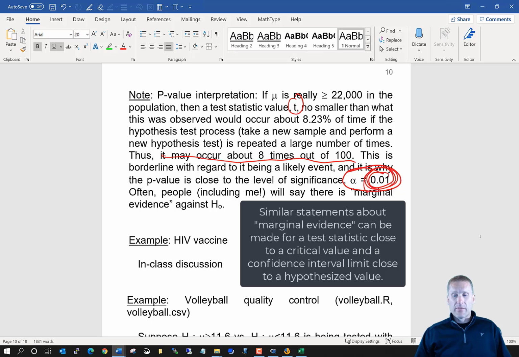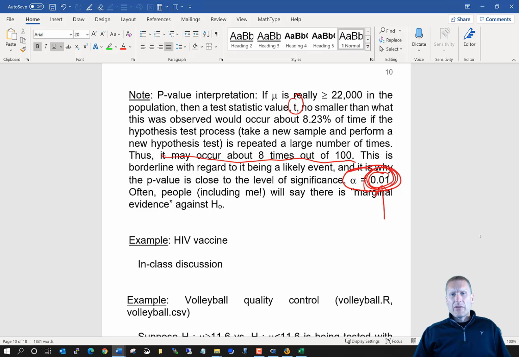On the other hand, if I had a p-value that was less than alpha but still close to the alpha value, I would say basically the same thing. There's marginal evidence that the null hypothesis is incorrect, and so probably further study needs to be done.